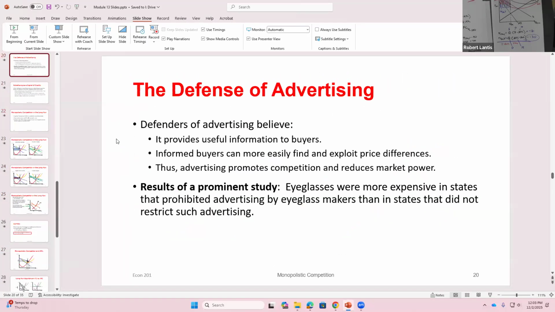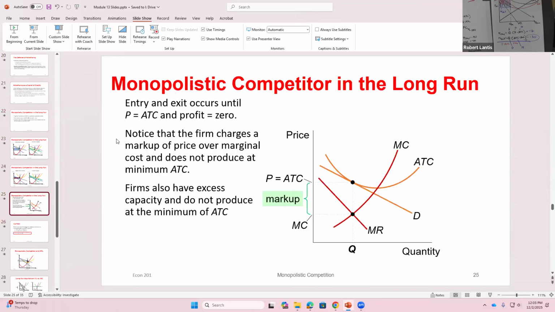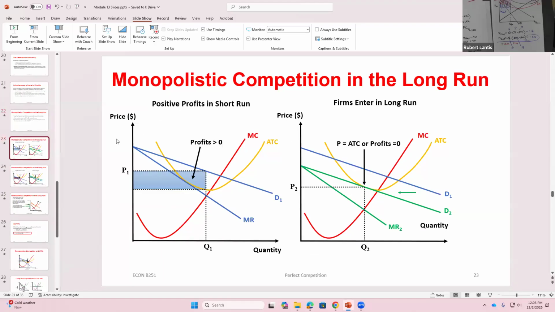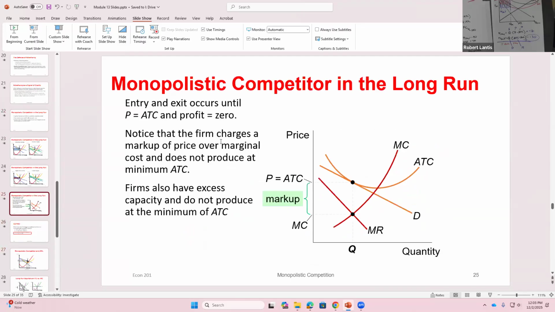This is going to be a little bit more related to changes in the elasticity of demand. So I want to make some interesting points here. So we'll pick up on that next class. What I do want to look at, I mentioned later on in the slides, connects to what we did earlier: firm entry and exit when we have positive or negative profits. So we're going to skip all the way to this slide here, right?